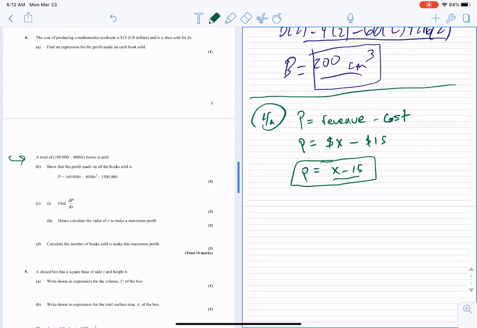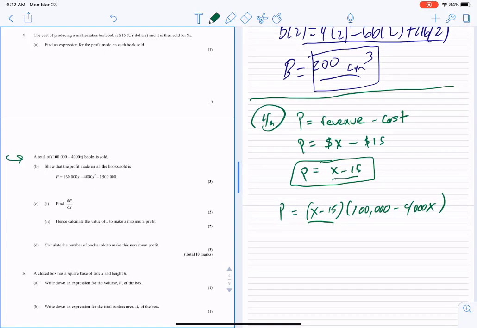So I have to multiply the profit times the number of books. This is a profit for one book, so I have to multiply that by the number of books. And they say the number of books I'm selling is 100,000 minus 4,000x. They want me to show that the profit is equal to this thing right here.